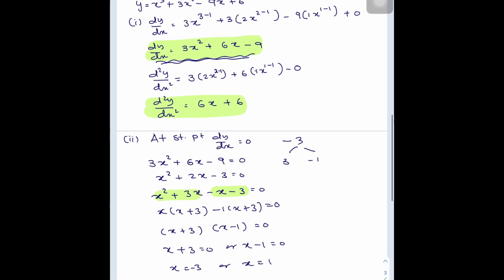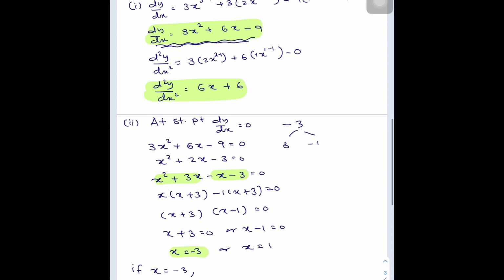So I write, if x is negative 3, substitute the value of x equals negative 3 into the original equation. Remember, original equation. So y is negative 3 cubed plus 3 times negative 3 squared, minus 9 times negative 3 plus 6.